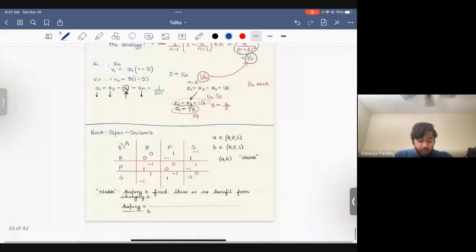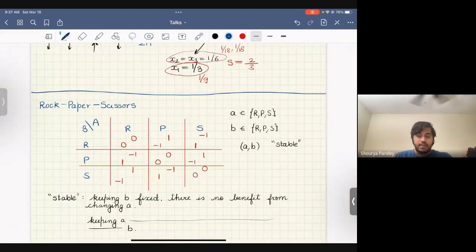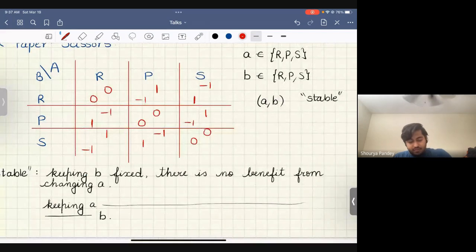And so I'm saying that there is no such a comma b which is stable here, right? In fact, you can just brute force and show that. So for example, if a b is r comma r, it's certainly not true, because I can simply benefit by changing this.